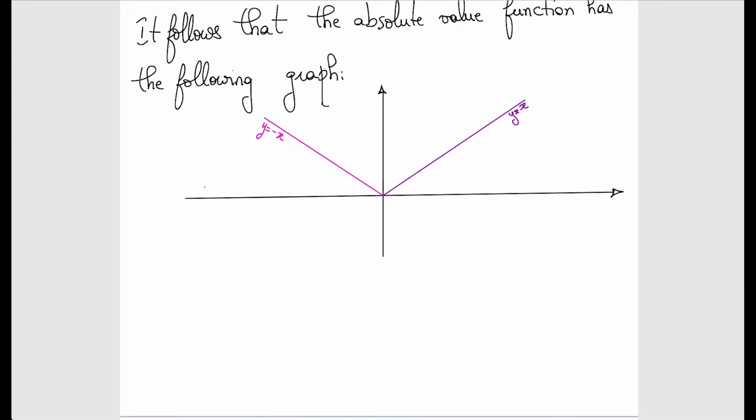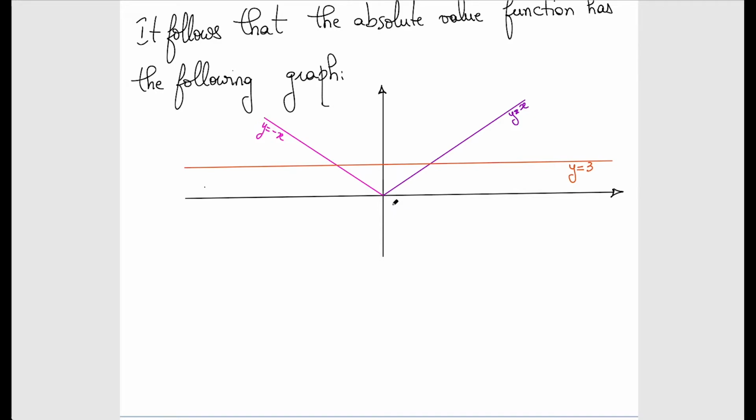Let's now take a horizontal line whose height is, let's say, 3. Okay. So let's take the line y equals 3. Don't forget the pink and the purple, these two pieces collectively, they make up the absolute value function.